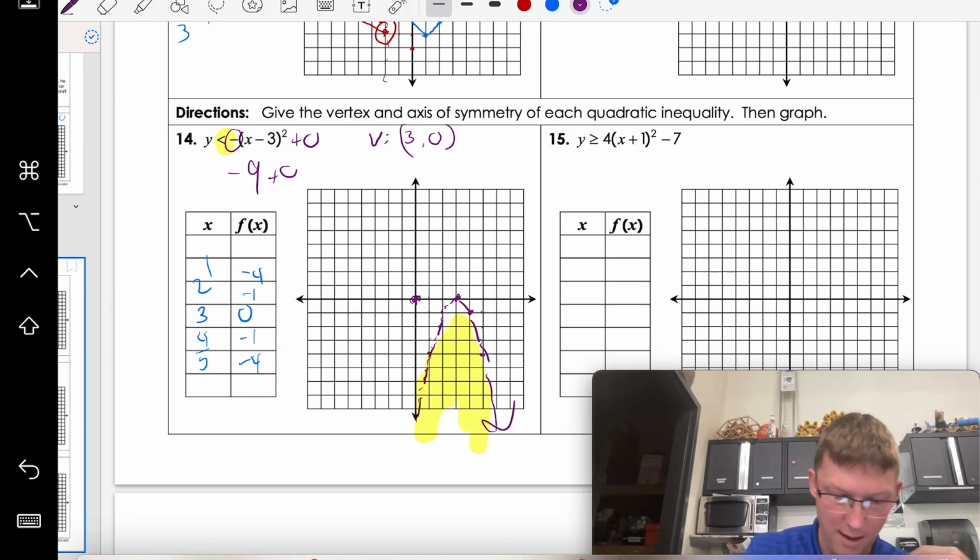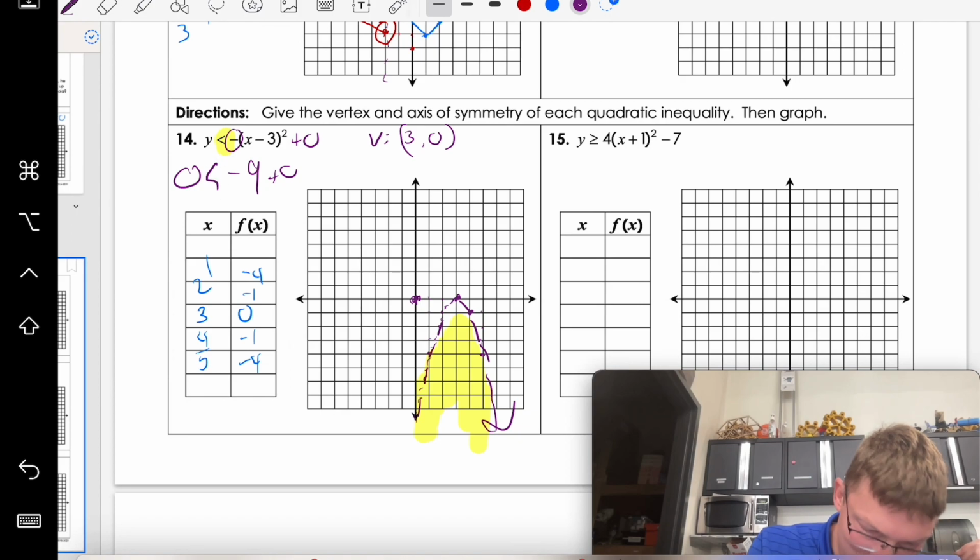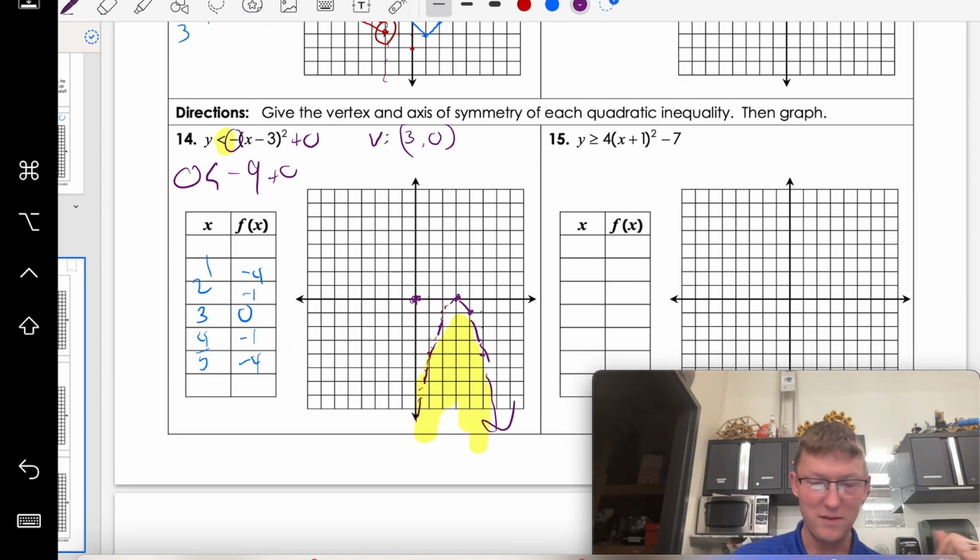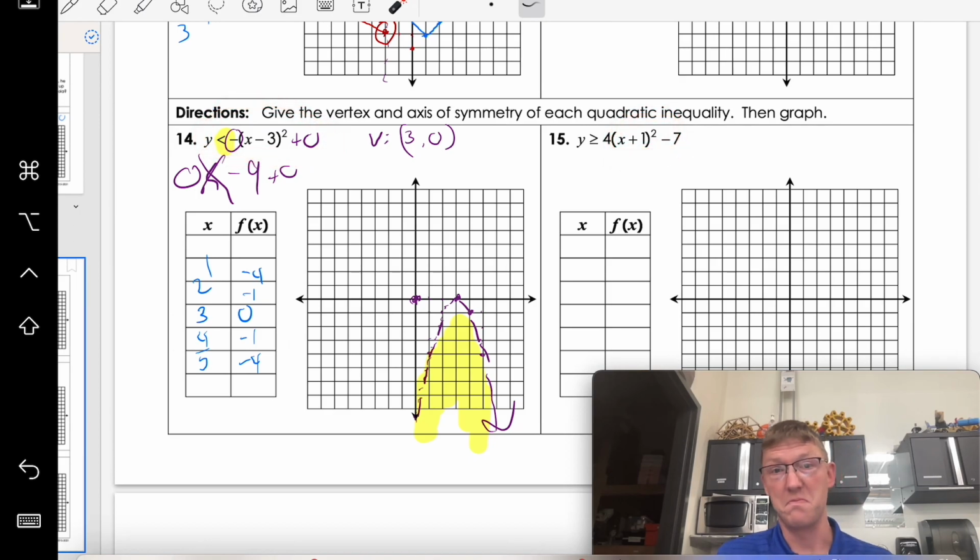So then we're going to have 0 is less than -9. That is a not true statement, which means we would shade away from the origin or whatever point you chose. So that's about it for this section. Again, the big thing is being able to pick out a vertex from the equation here. That's all it is.